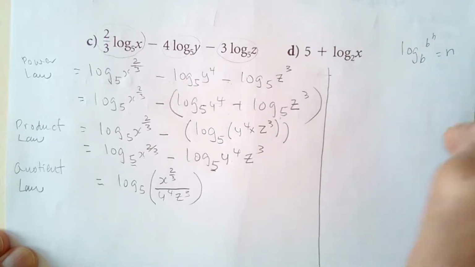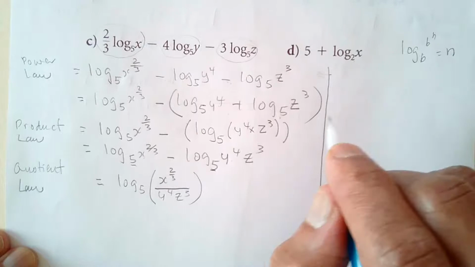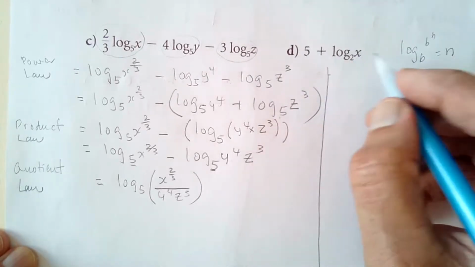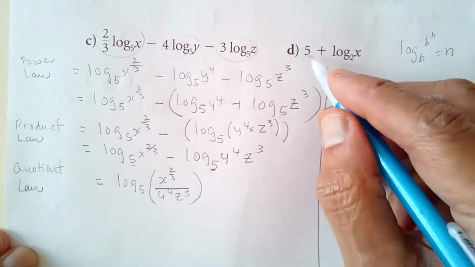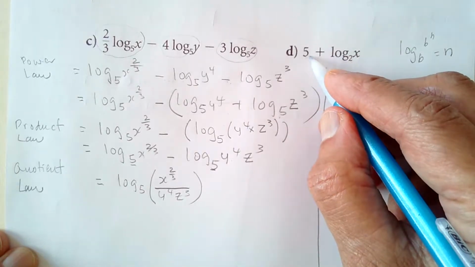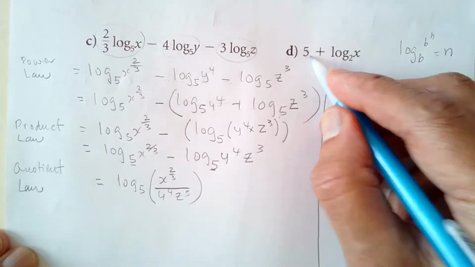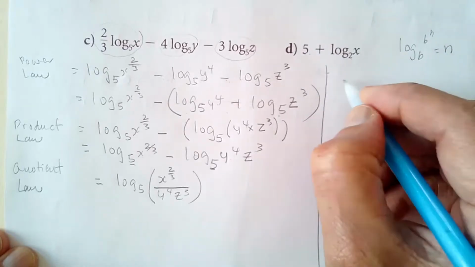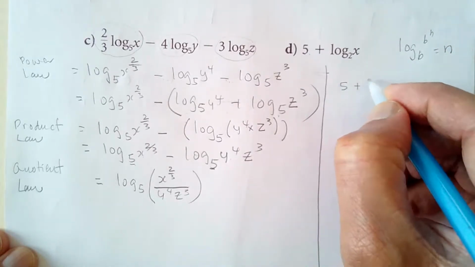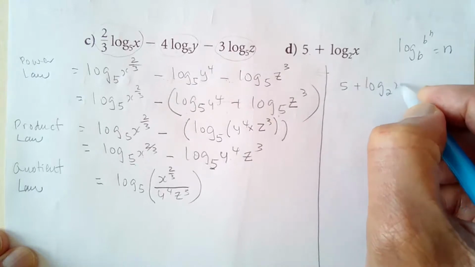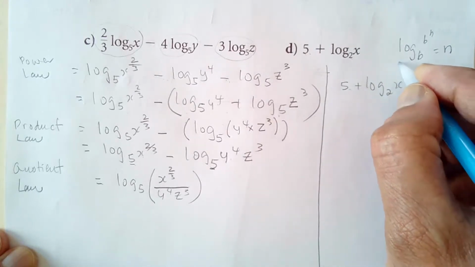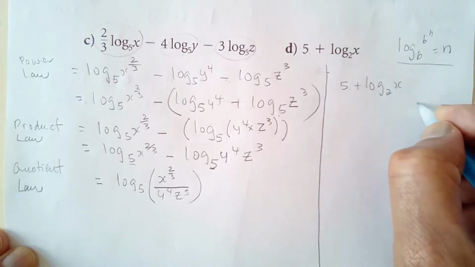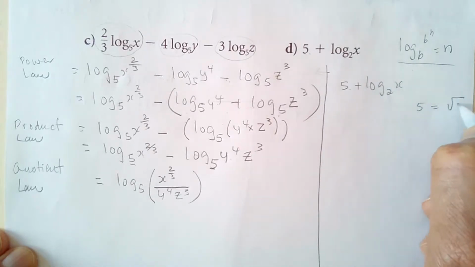So 5 could be written as, let's write it out here. 5 is equal to the square root of 25.